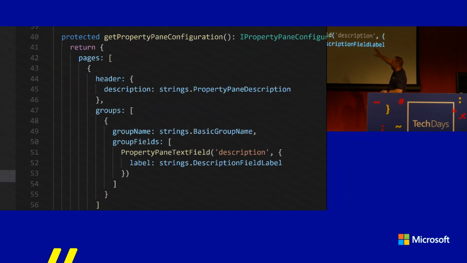It's going to have a group, so you can create multiple groups, and then within the groups you can have fields and break them apart. You can put horizontal rules in. You can get really advanced with how these lay out. We're just going to throw a property pane toggle in there real quick just to show that we can do that.